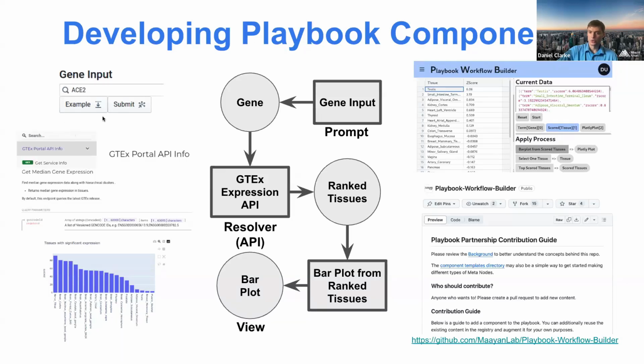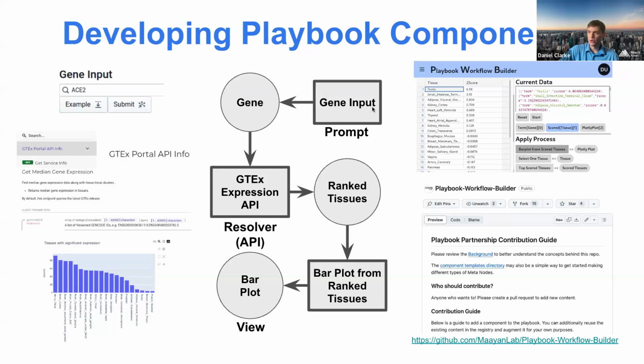Some examples are just uploading a file would be a prompt, but also taking what the user has done and incorporating it into the graph, like this GMT annotation feature that we did, are also examples of prompts.